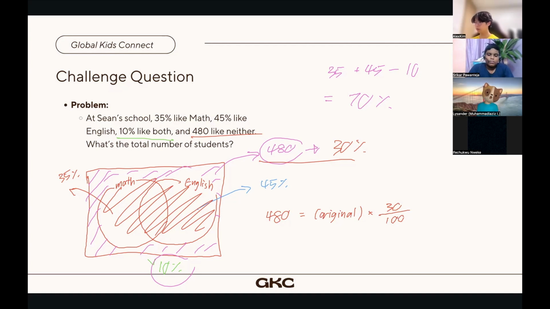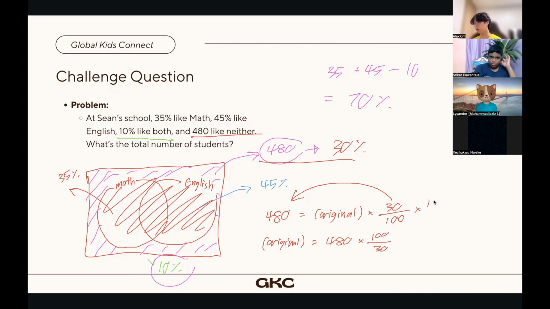You can say that you move this to the other side by dividing by the reciprocal of this value, so that the original value is equal to 480 times 100 over 30.